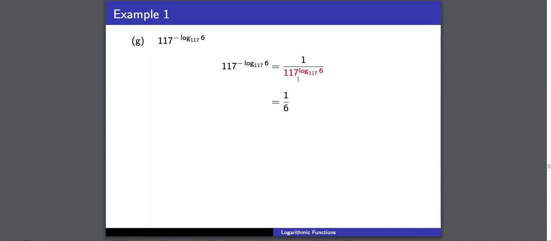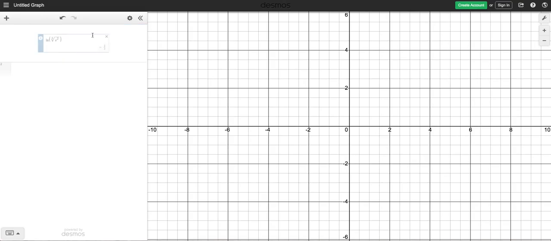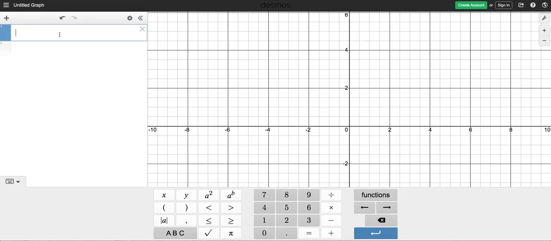Because the base of the exponential function matches the base of the logarithm, and this 6 is a positive number, this whole denominator is just going to come out to be 6. So again, we can see that in a calculator here. We had 117 to the negative log base 117 of 6, and we get 0.16 with a bar over the 6, which is 1/6.